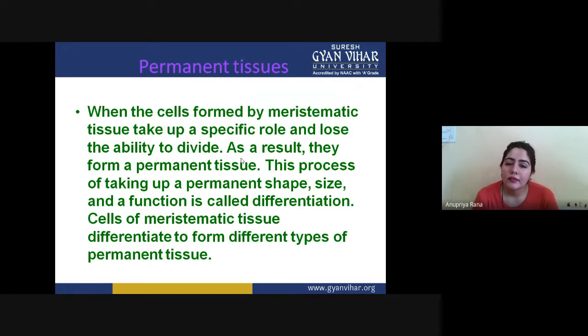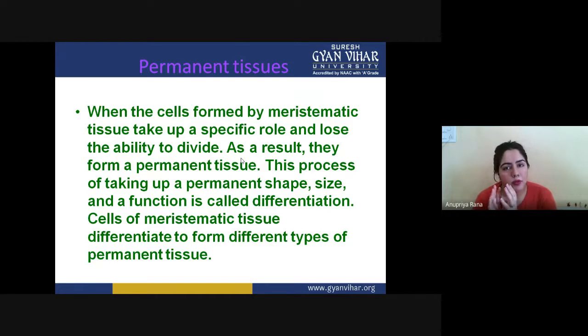At this stage, the cells cannot divide, they cannot make new cells. So as a result, they form the permanent tissue because they cannot divide now. As they are permanent cells, hence we call them permanent tissue. This process of taking up a permanent shape, size, and function is called differentiation.